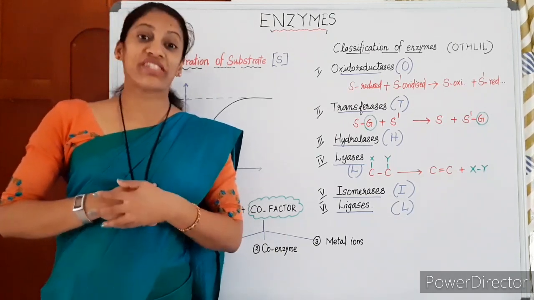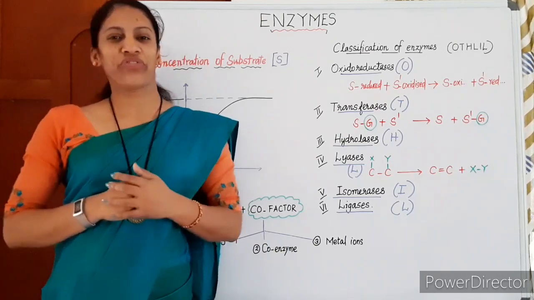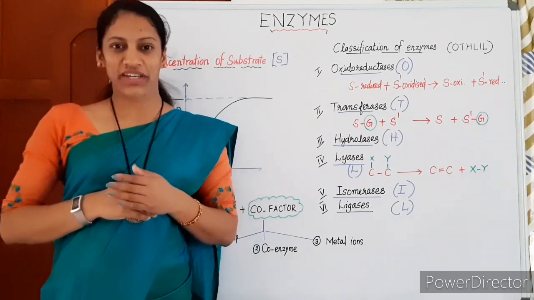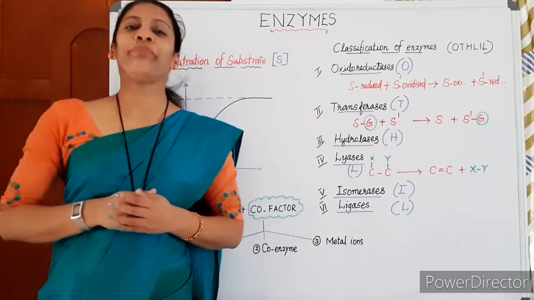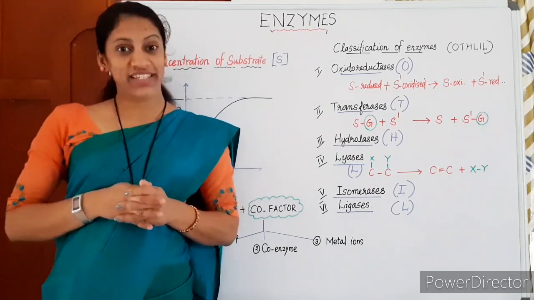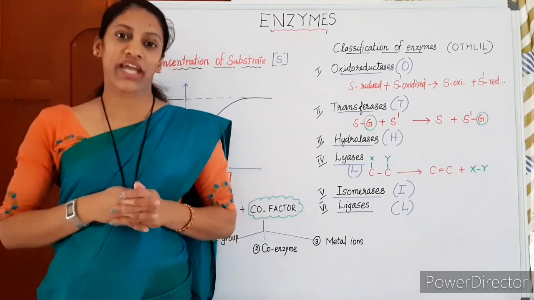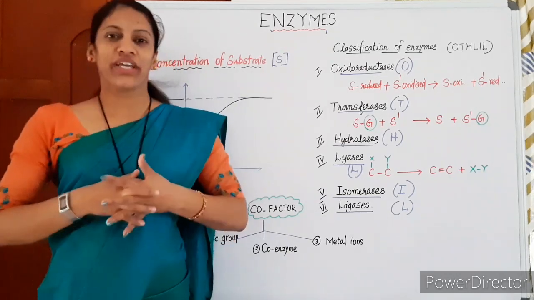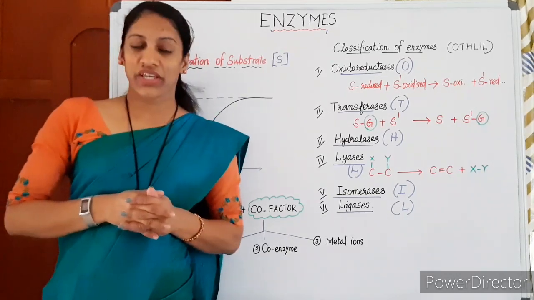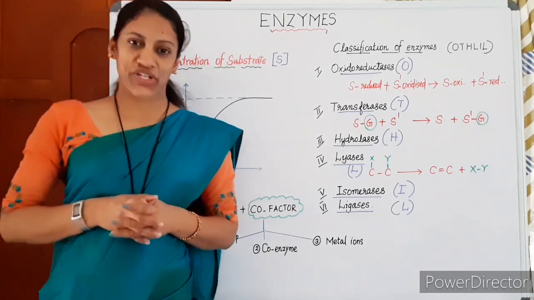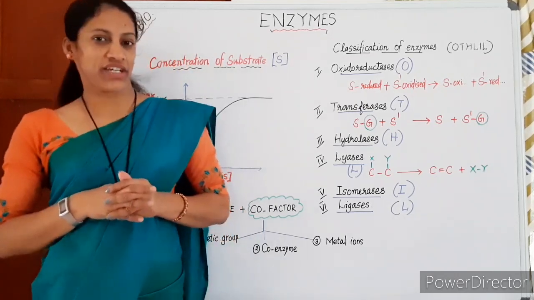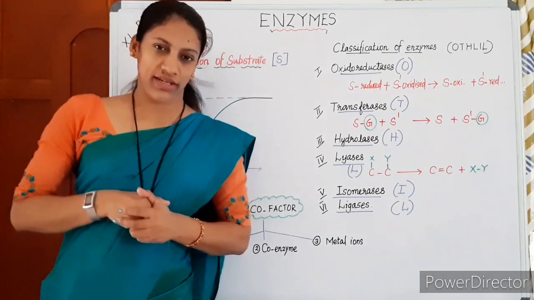You also have studied the action of enzyme, forming enzyme substrate complex, enzyme product complex, and releasing the products. In the last class we just started the factors affecting enzyme action, and today we are discussing one of the major factors affecting enzyme action, the concentration of the substrate.